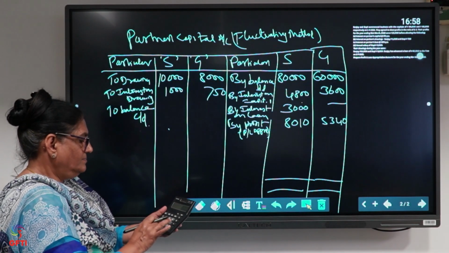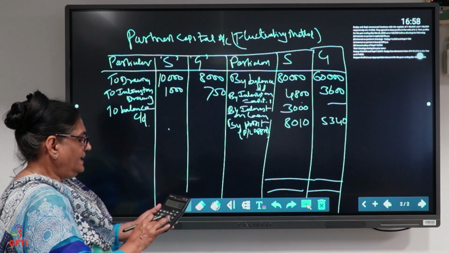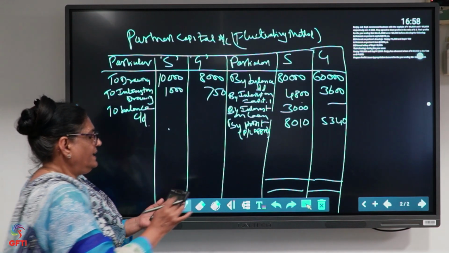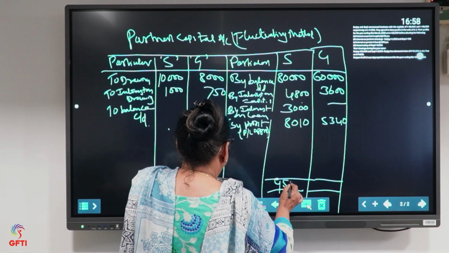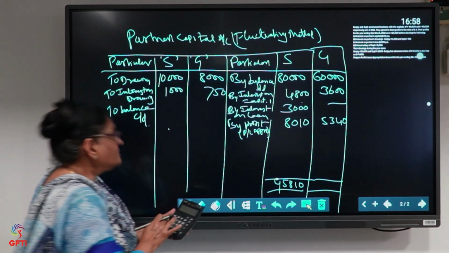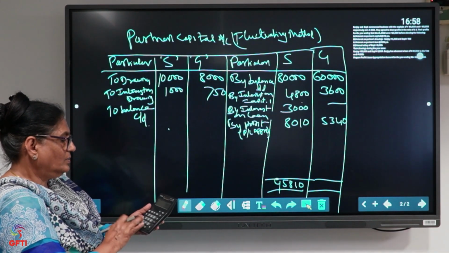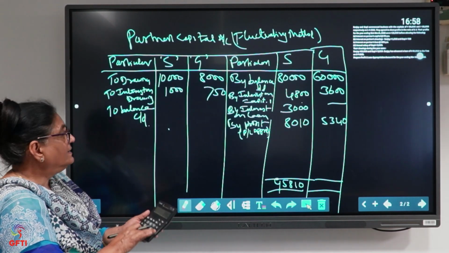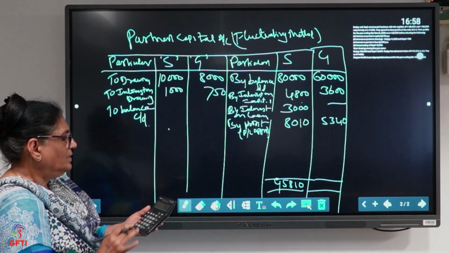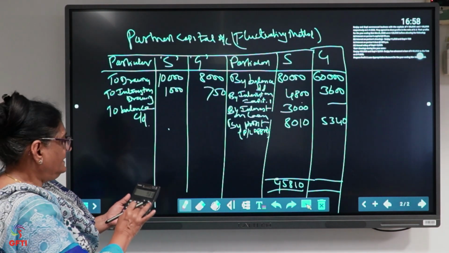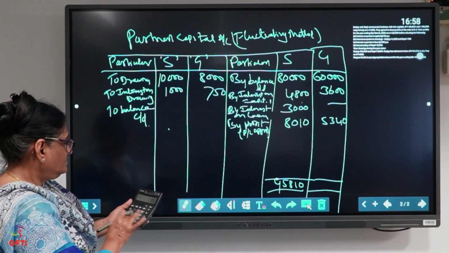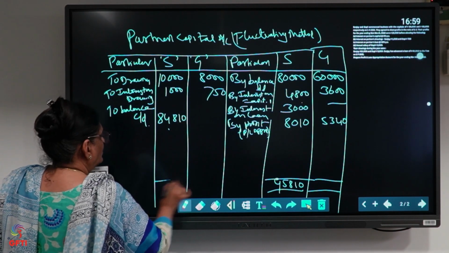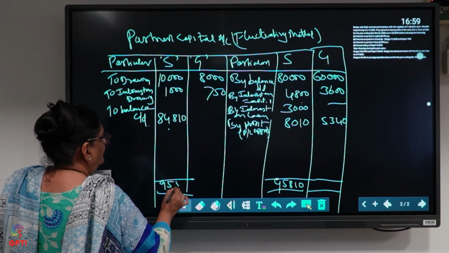So 80,000 plus 4,800 plus 3,000 plus 8,010, correct? 95,810. Please double check, manual calculation you are doing. 95,810 minus 11,000, you get 84,810. So total is 95,810.